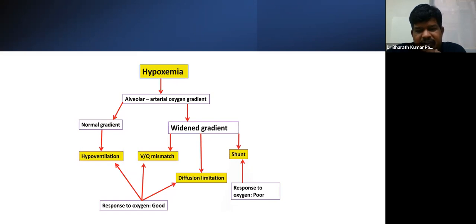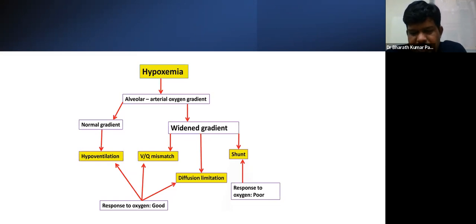And V/Q mismatch and shunt, you would identify based upon the background pathologies. The response to oxygen, as I said, is poor in case of shunt. We need to correct the cause of the shunt, then only the patient's hypoxemia will improve.